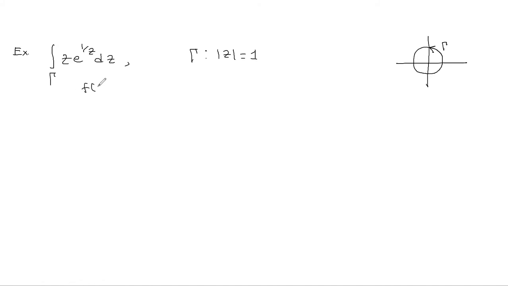So here our f(z) is z e power 1 by z. And from here we can see z equal to 0 is an isolated singularity of the function f(z), which belongs to interior of gamma. So 0 belongs to interior of gamma.